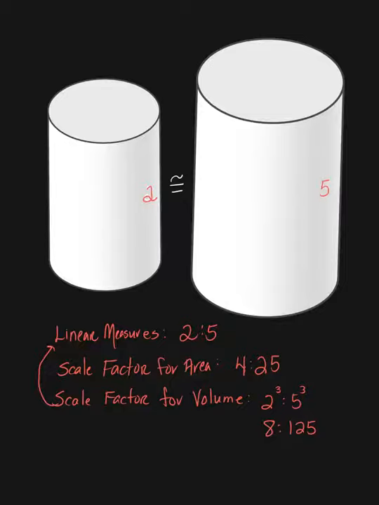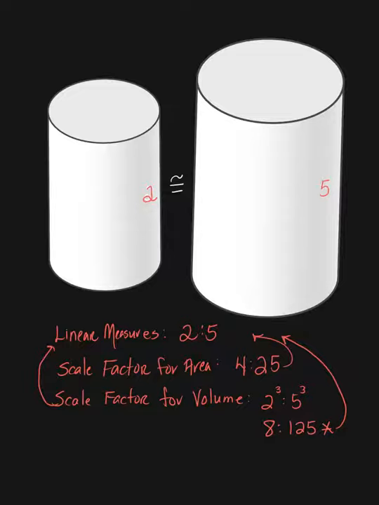Then we had to take the square root of that scale factor to be able to use our linear scale factor and compare sides, radii, diameters, etc. So I hope it stands to reason that if you are given the volumes of two solids that are similar to each other, you can compare those volumes and reduce that comparison to find your scale factor for volume, then take the cube root to go back and find the scale factor of your linear measures.